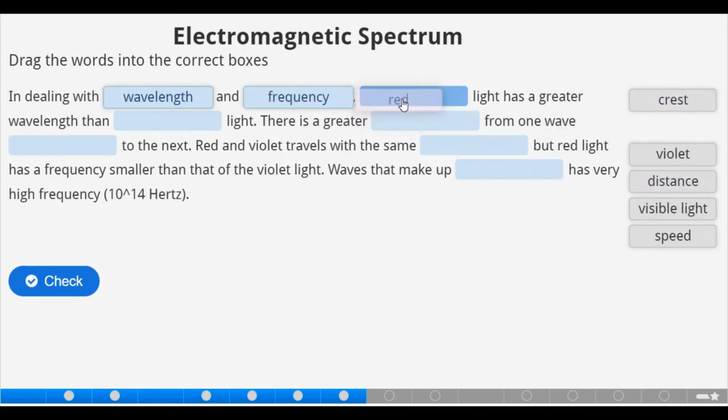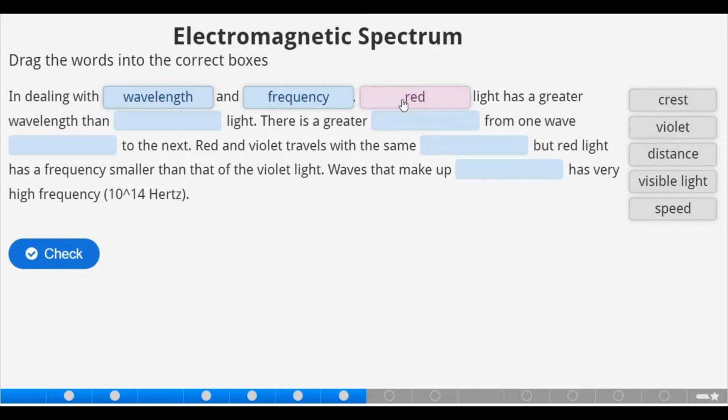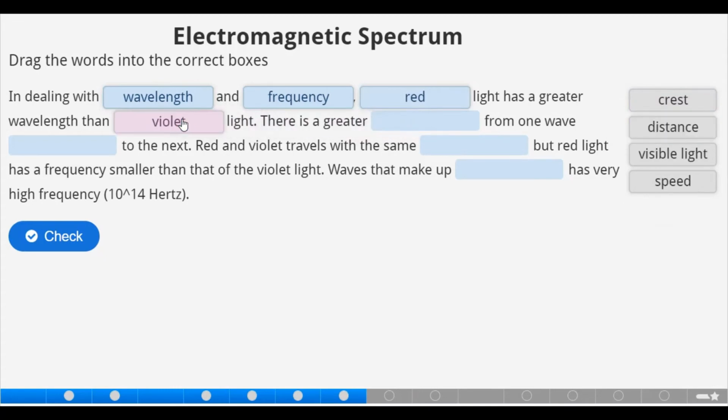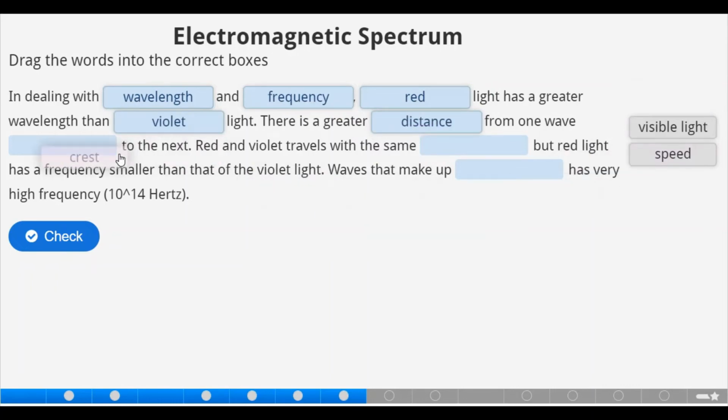Red light has a greater wavelength than violet light. There is a greater distance from one wave crest to the next.